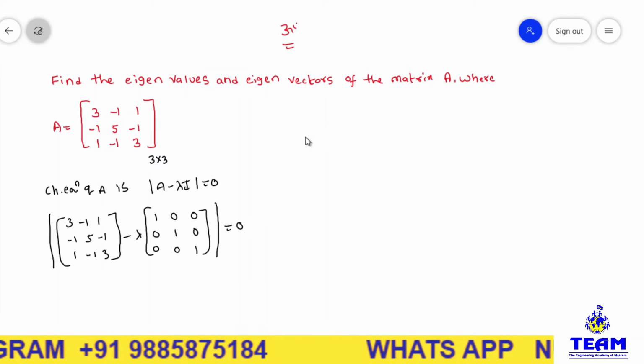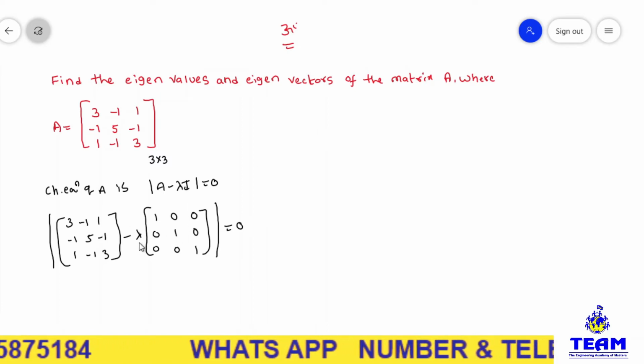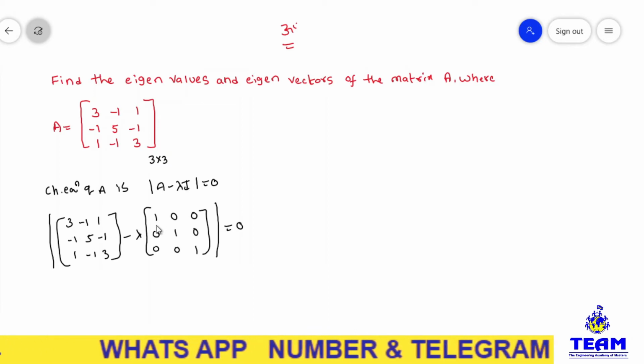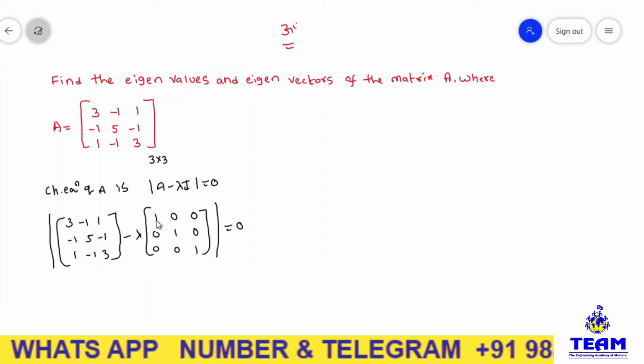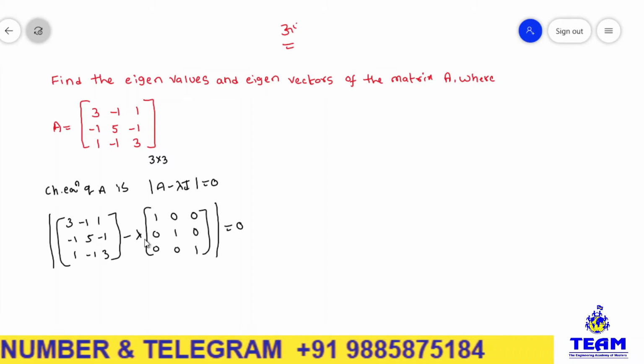Friends, here we can directly write down 3 minus lambda, because 3 minus lambda into 1 is lambda, and minus 1 into lambda into 0 is 0.